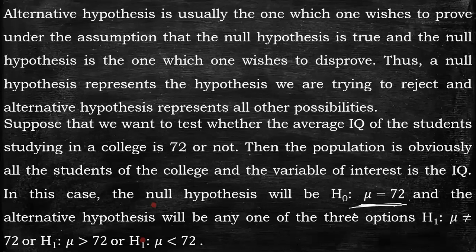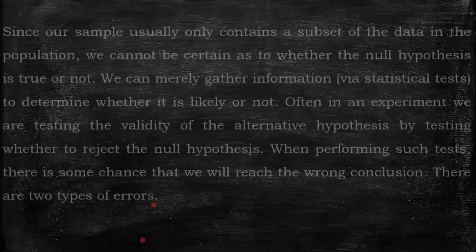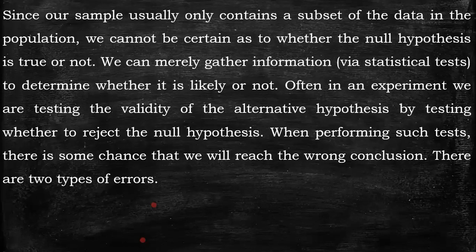The first possibility is H1: mu not equal to 72. Second possibility, H1: mu greater than 72. And third possibility, H1: mu less than 72. Accordingly, we'll be seeing one or two formulae here, and then we're going to stop.